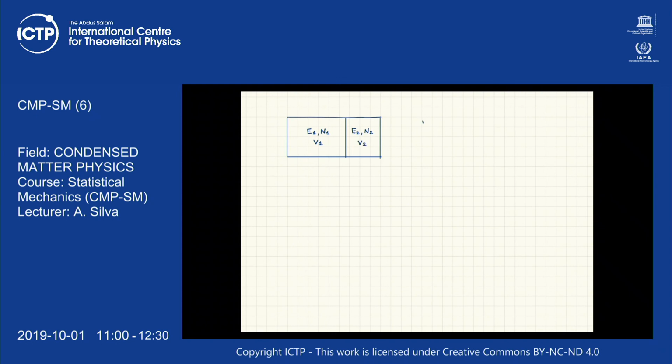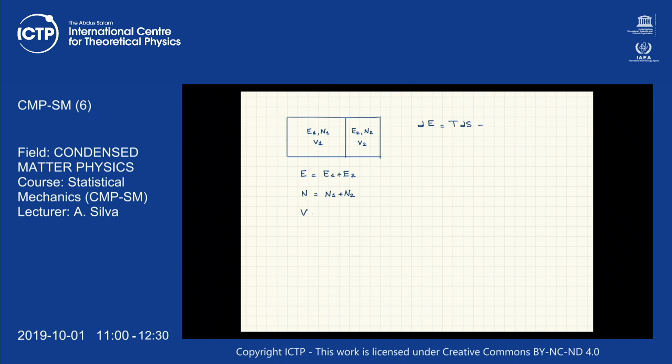So now, dE is equal to TdS for the total system, right? So the dE is the total energy, so it's E1 plus E2. N is the total number of particles, N1 plus N2.